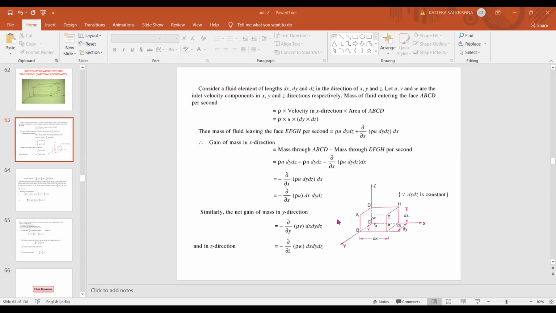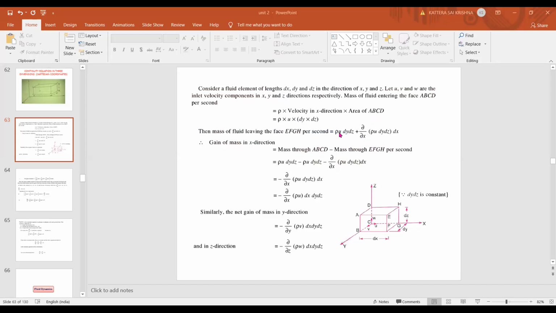What will happen? How much fluid has entered will not come out exactly, so there will be some change taking place here. That changed part is dou by dou x. This part is the initial, which is coming inside, and then it is changed; it may increase or decrease, we don't know. So there is some change in the mass flow rate, and that is the second term we are taking here.